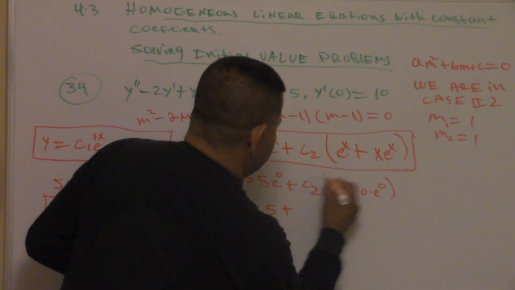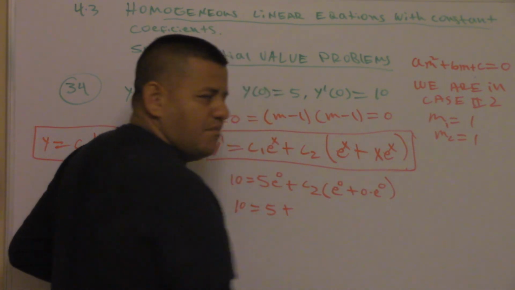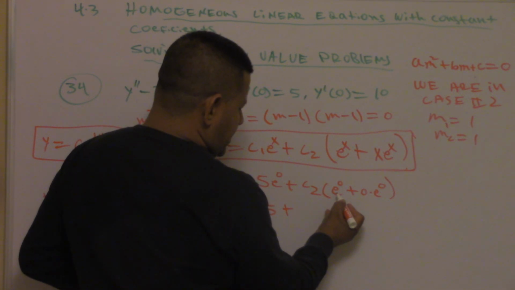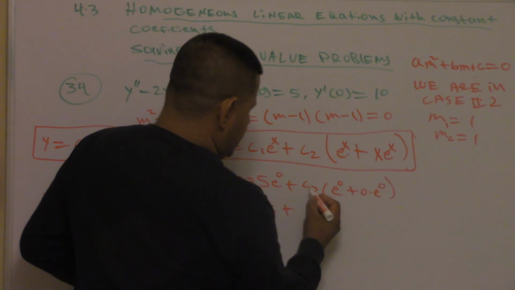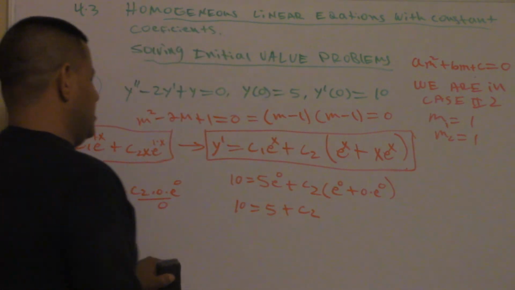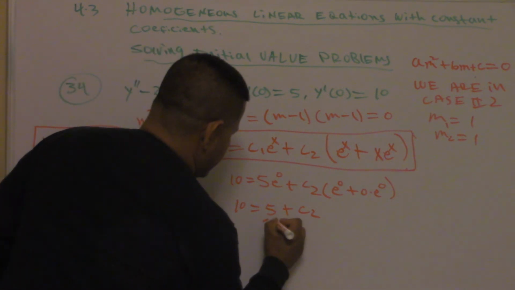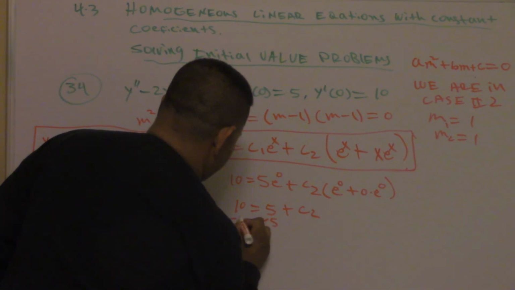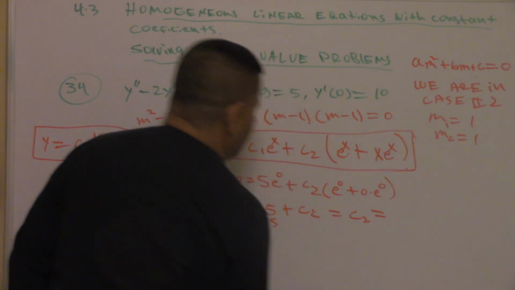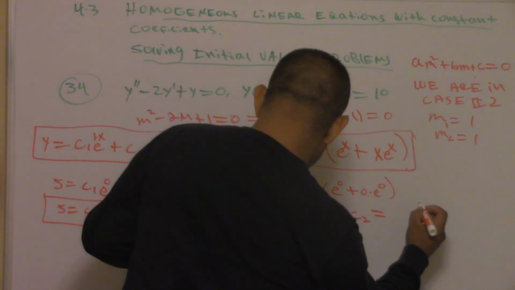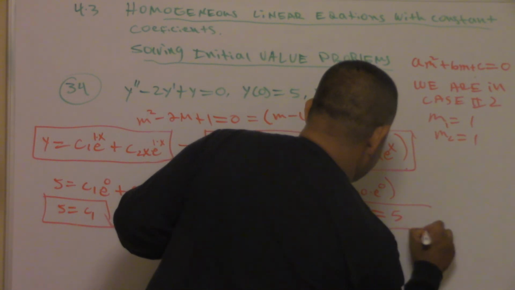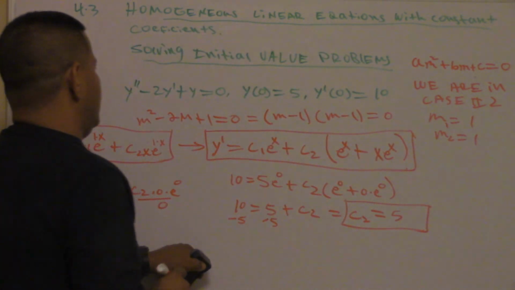C2 times 0 is 0, so I'm not going to bother multiplying it. E to the 0 power is 1 times C2 is C2. So then what I'm going to do is minus 5 on both sides, and I get that C2 is equal to 5.